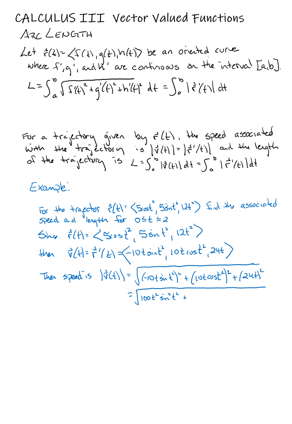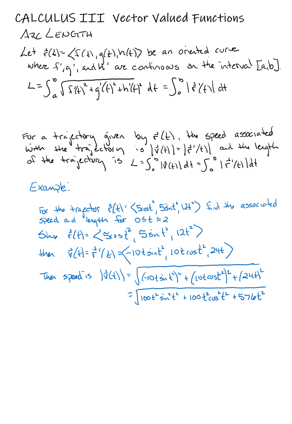We have the same thing with the cosine, 100t squared cosine squared t squared. And then 24t, if we square that, 24 and 24, multiply that out. You should be able to do this without a calculator. Gives you, what's that, 576t squared?